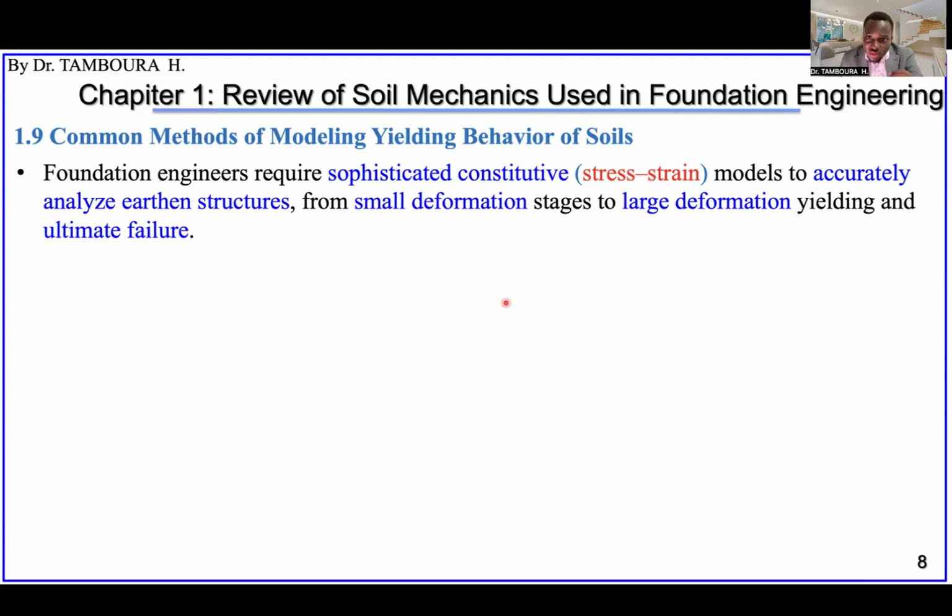Constitutive model means stress strain model, the relationship between stress and strain. We need a very good, very powerful one to allow us to accurately analyze the structure, from small deformation stages to large deformation, yielding, and ultimate failure. Only a linear model is not enough.